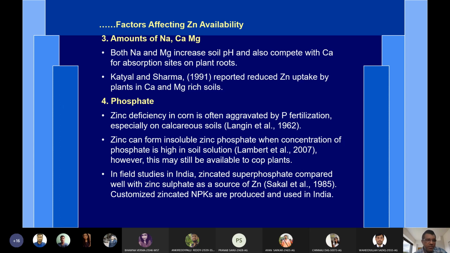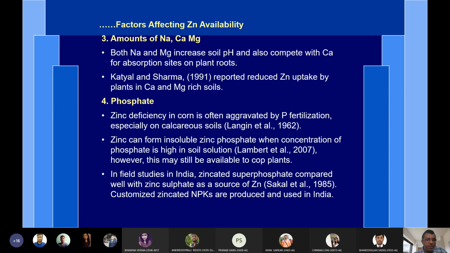Similarly, phosphate levels. Zinc deficiency in corn is often aggravated by P fertilization, especially on calcareous soils. So if you increase phosphorus levels in soil, they can reduce the zinc availability. Zinc can form insoluble zinc phosphate when the concentration of phosphate is high in the soil solution.